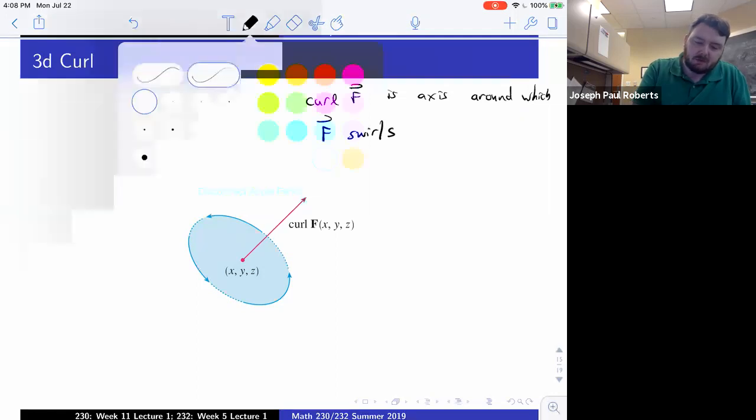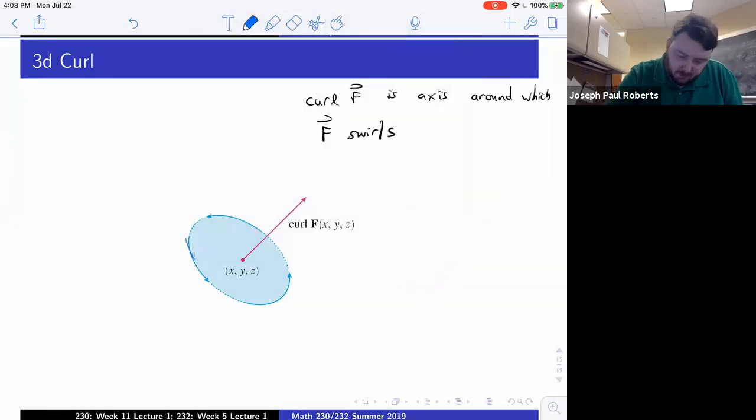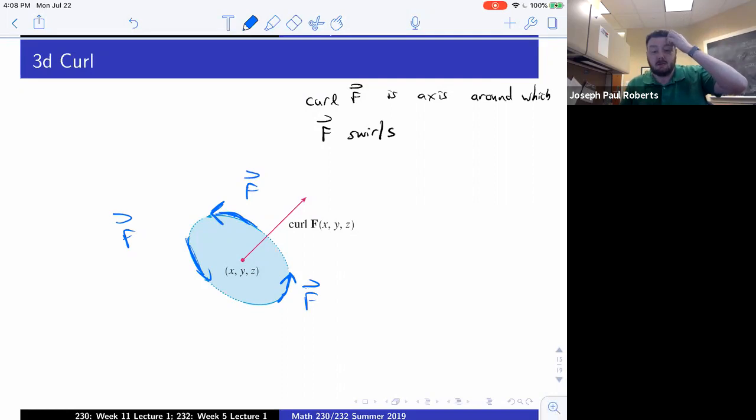So let's say you have this vector field given by these blue arrows here. I stole this out of the book, as you might have guessed. They should have emphasized that these blue arrows are the vector field F.